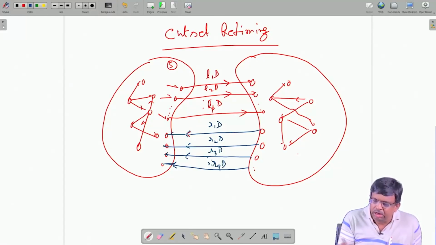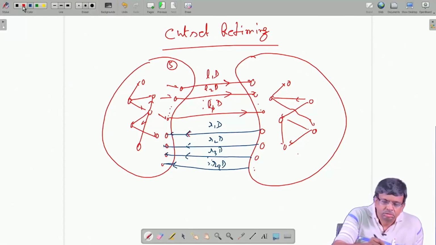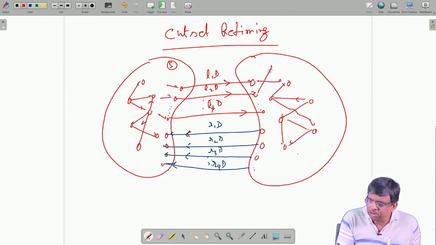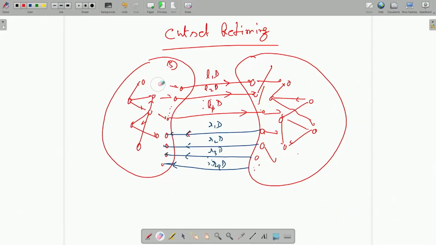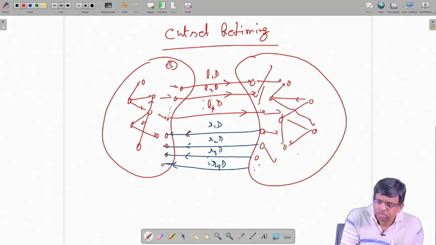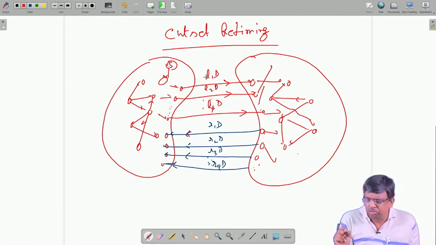And these nodes are all internally connected. This may have a connection here, this may have a connection here, like that. Nobody is hanging separately. This is a connected graph, and the source node may be connected to one node or maybe here one node, and it may be connected to other nodes.